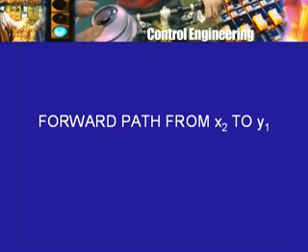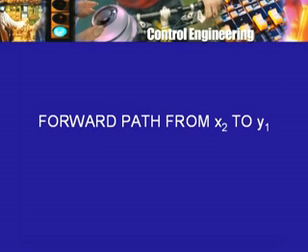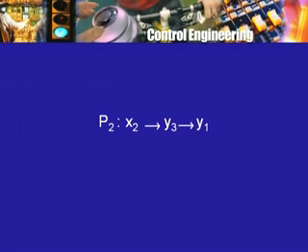As we go on, we can label these paths. For example, the path that I had identified earlier, I could have called P1. P1 was the only forward path from x1 to y1. Now I am looking at forward paths from x2 to y1. There may be more than one, so let us look at them. There is a path that starts at x2, then goes to y3, and then goes to y1.